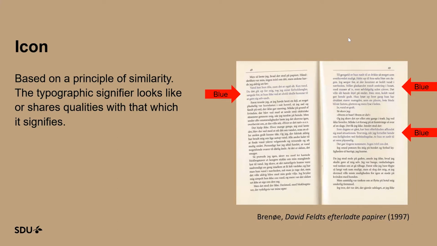Now, and I'm really sorry, it's really hard to reproduce here, but the narrative or the text vacillates between black type and blue type. So that's what I've indicated, just to help you see that. Because after the letter from the prison that you saw before, the rest of the novel consists of Feldt's diary.